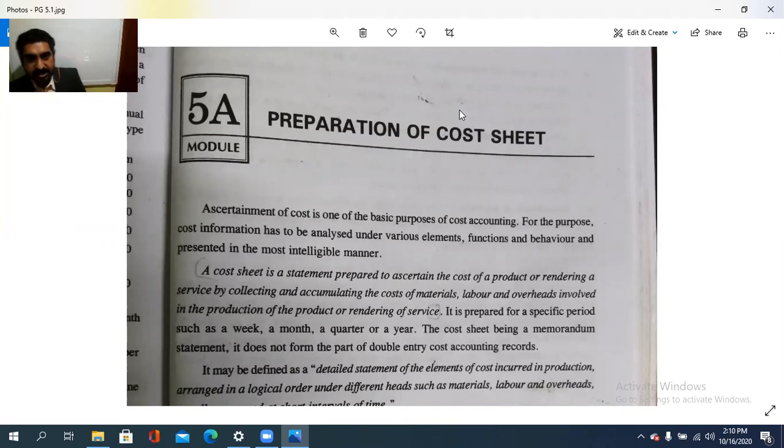So a cost sheet is a statement prepared to ascertain the cost of a product or rendering a service by collecting and accumulating the cost of the materials, the labor, and the overheads involved in the production of the product or rendering of services. It is prepared for a specific period such as a week, a month, a quarter, or a year.